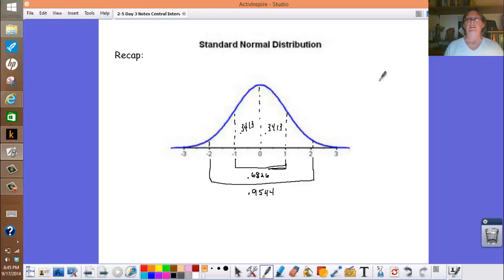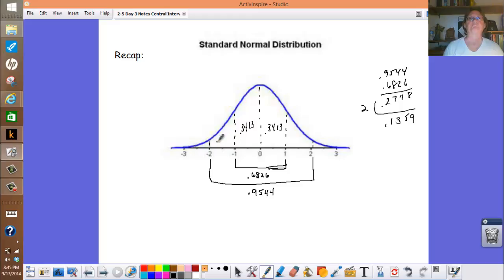If we take that 0.9544 and subtract out the stuff in the middle, 0.6826, that's going to leave us with 0.2718 to be divided between these two areas. So I'm going to divide that by 2, and I'll get 0.1359.